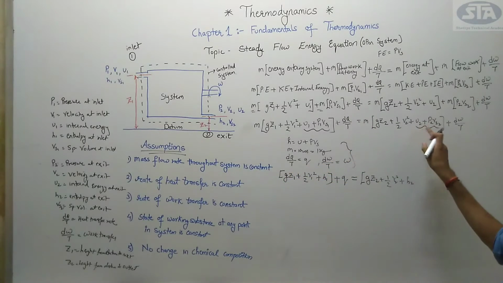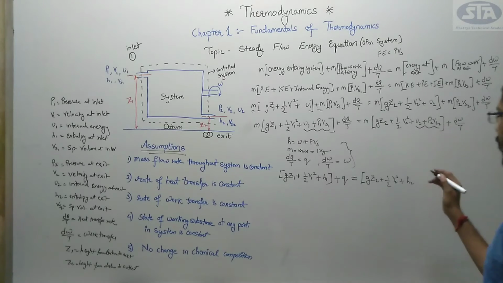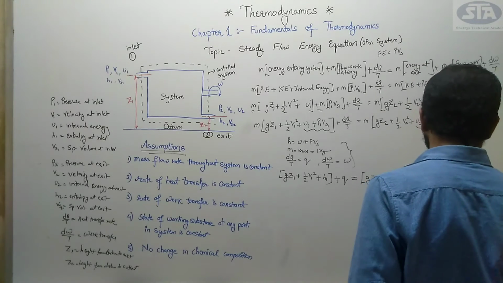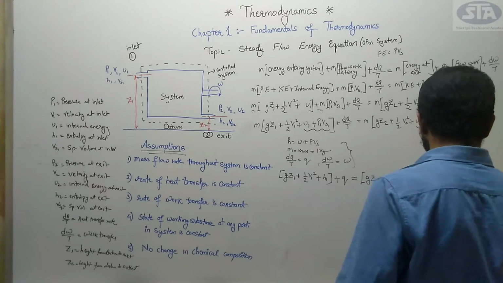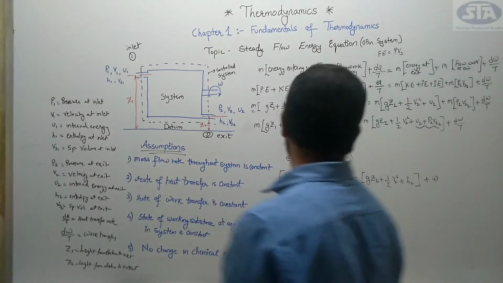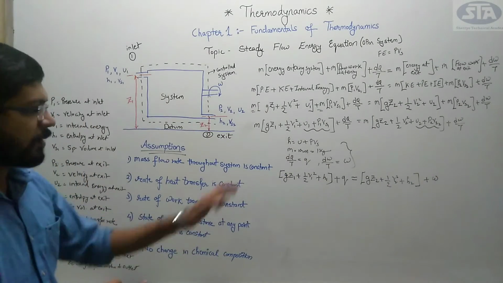Again, see, U2 plus P2 Vs2, I am changing with enthalpy. Plus dW by T, my work, I am writing as W. Now this is my final equation which I have got.